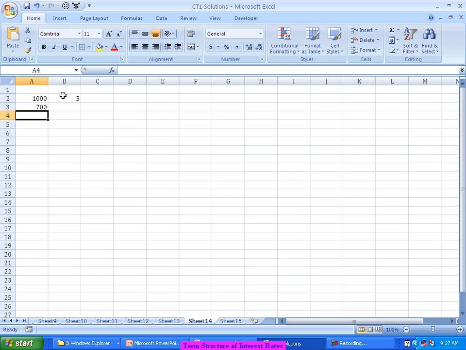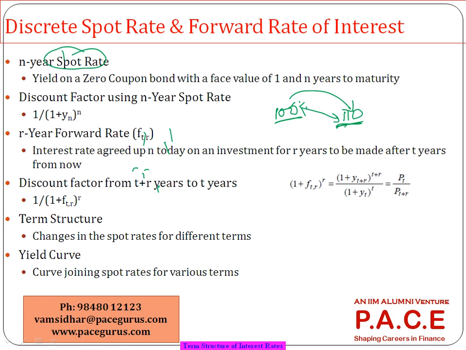Whatever is the annual rate of return on this zero coupon bond is what we call a 5-year spot rate. Typically, the word spot rate is associated with any zero coupon bond. Even if it is a coupon bond, we may have to convert it into a zero coupon bond. There are various mechanisms to do that.